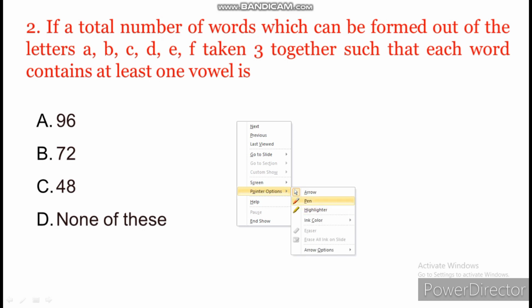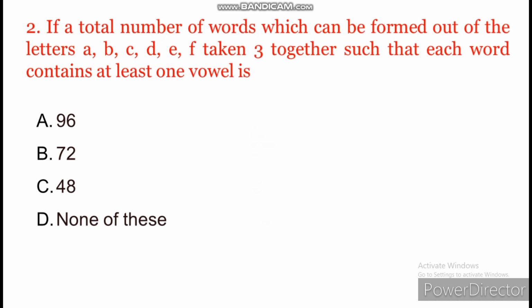If the total number of words which can be formed out of A, B, C, D, E, F, taken 3 together such that each word contains at least one vowel is asked. See what they have given: taken 3 together. How many letters do we have? 1, 2, 3, 4, 5, 6.